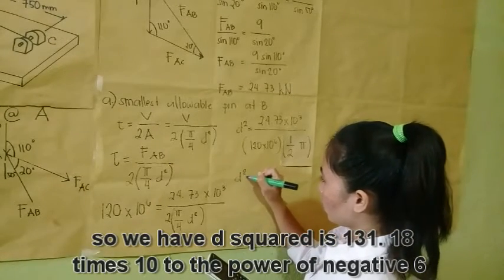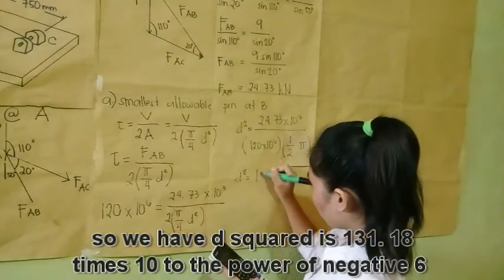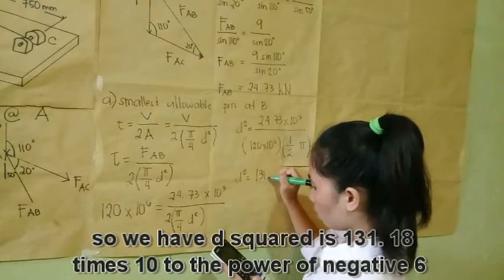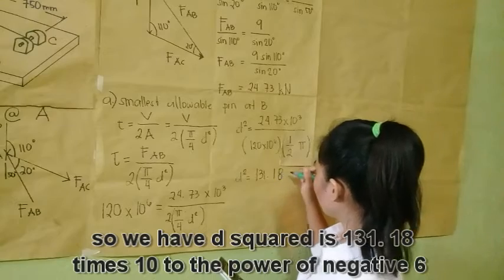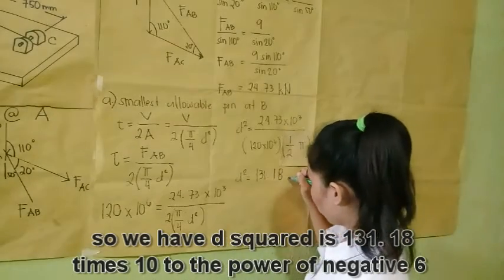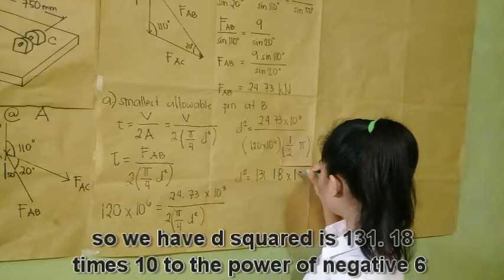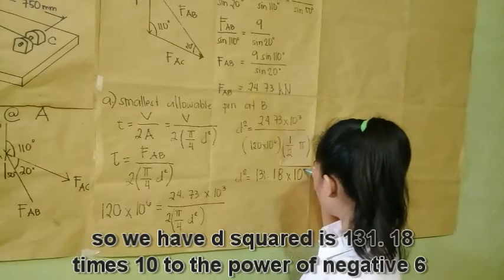D squared is equal to 131 times 10 to the power of -6.